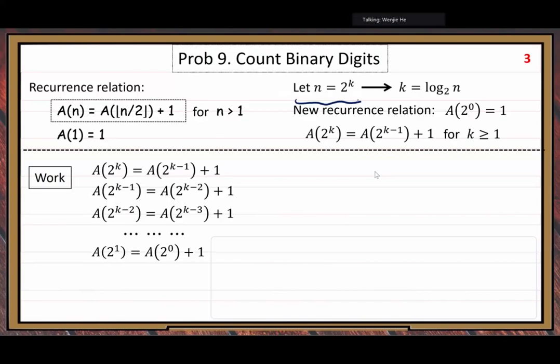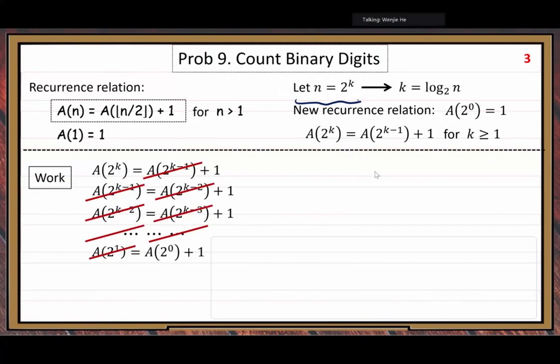Then, all right, let's add up all these equations and do cancellations. By your eye observation, you can see the easy cancellation in this pattern.